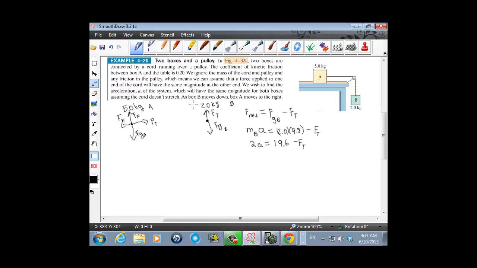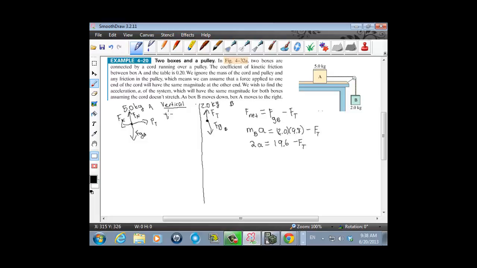So now let's go over and look at box A. For box A, let's look at our vertical. Vertical is nicer. For vertical, it doesn't matter here what we define to be positive or negative, because they're going to be equal to each other, as we mentioned earlier. Since we already determined that they're equal, we can skip the step of adding them together, getting 0, and solving.